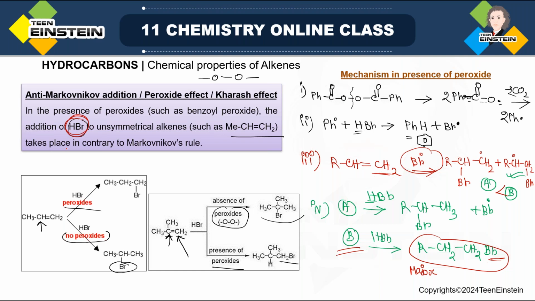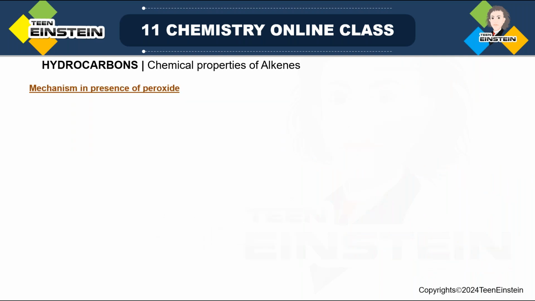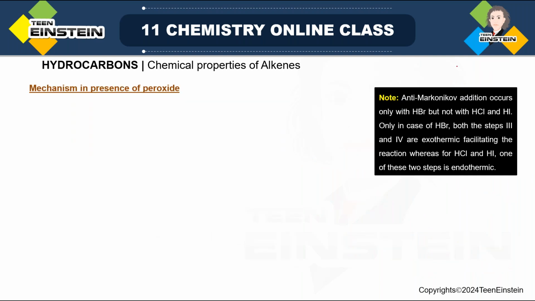Only for HBr, the question of anti-Markovnikov addition arises. And the reason is, anti-Markovnikov addition occurs only with HBr, not with HCl or HI, because only in case of HBr, both step 3 and step 4 are exothermic.